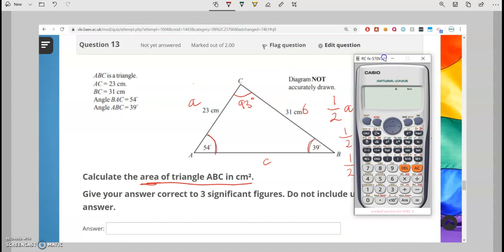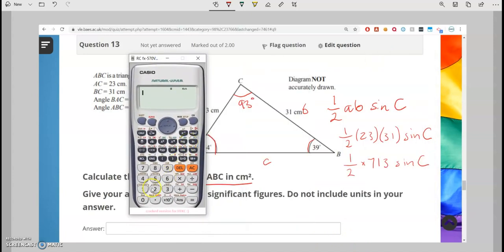So we'll input it in the calculator. 713 times sine of 93 degrees, which is C. That is this number, which we then can divide by 2 because it's supposed to be half of it.